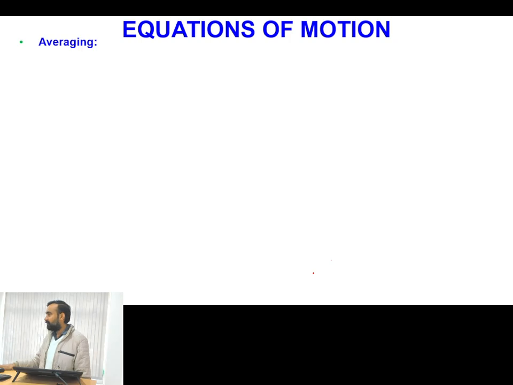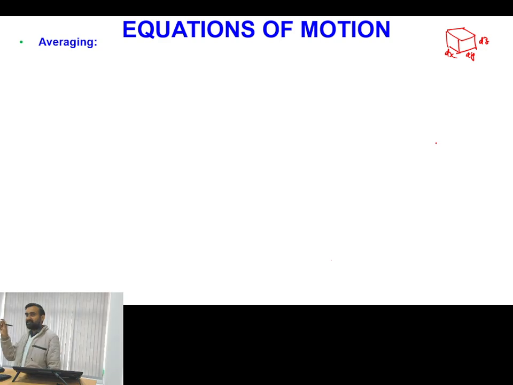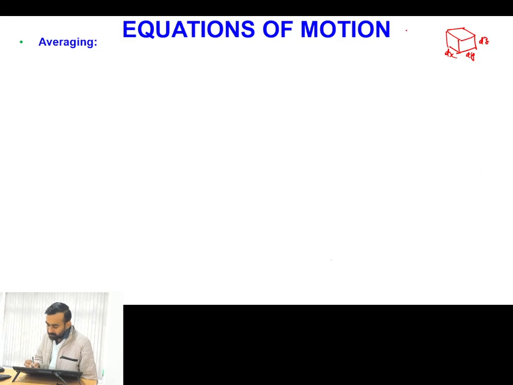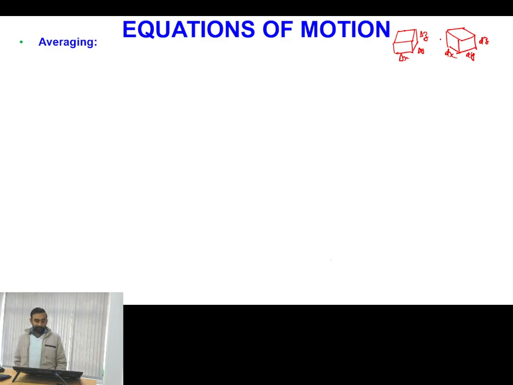Is this one clear? Take some volume, something like this, and while we are considering the size, we write dx, dy and dz. We use dx, dy, dz to refer that this control volume is of infinitely small size. If I have to take control volume of finite size, then we write delta x, delta y and delta z. Is this one clear?